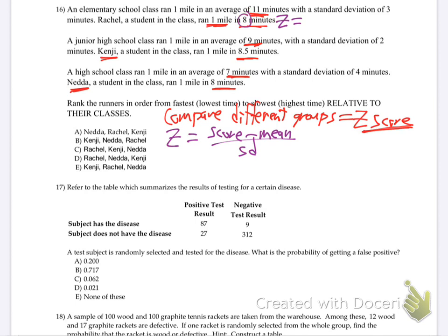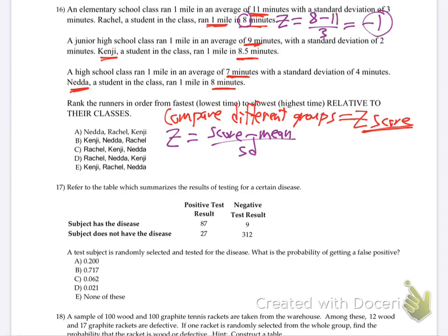Her time, 8 minutes, minus the mean, which is 11 minutes, over the standard deviation, which is 3. That'll come out -1. There's Rachel's Z-score, -1, meaning she is exactly 1 standard deviation below the average. She's faster than average by 1 standard deviation.